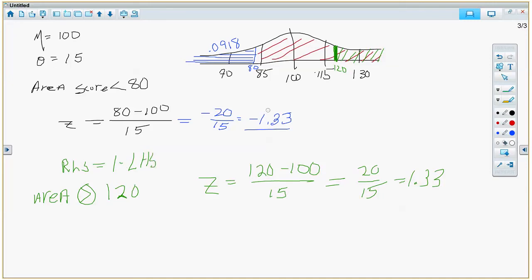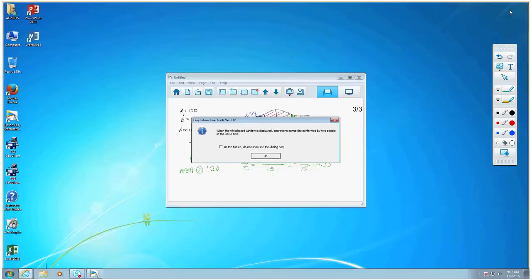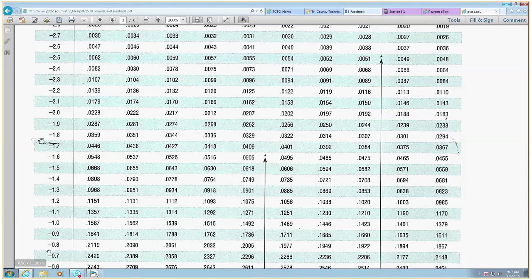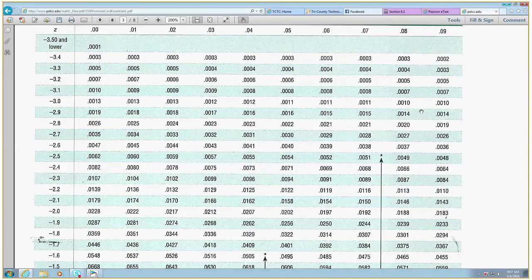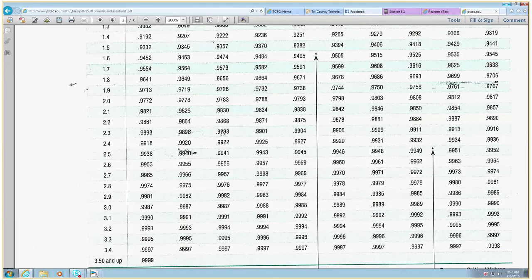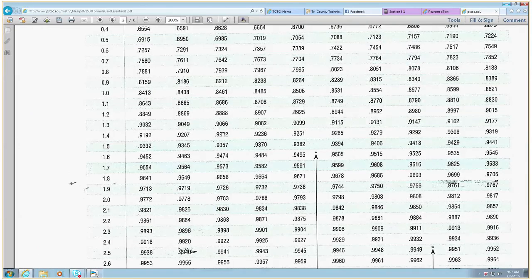So the table is going to give you this area right here. Go to the table. It's a positive z-score of 1.33.